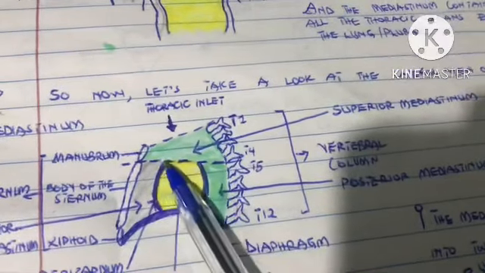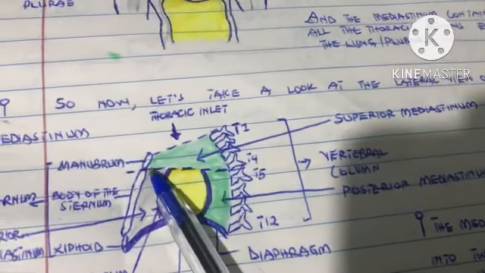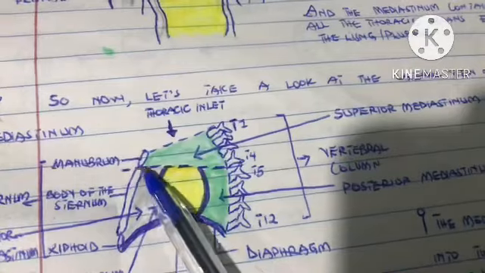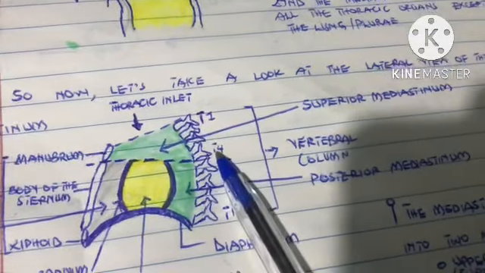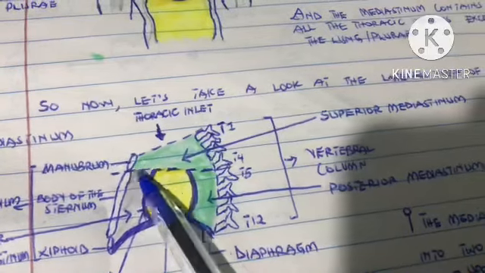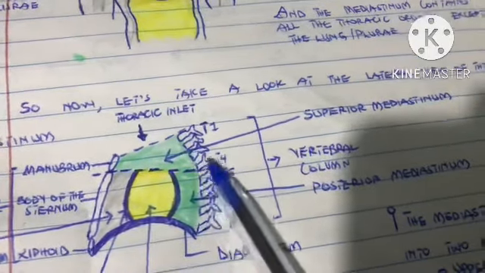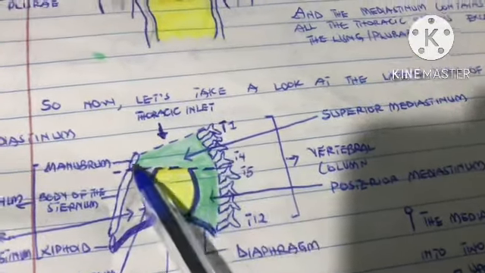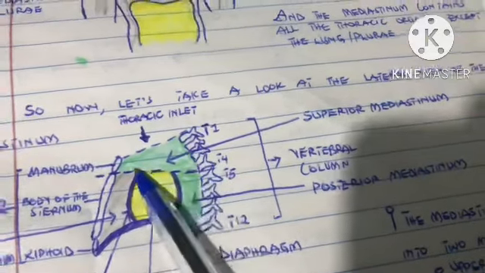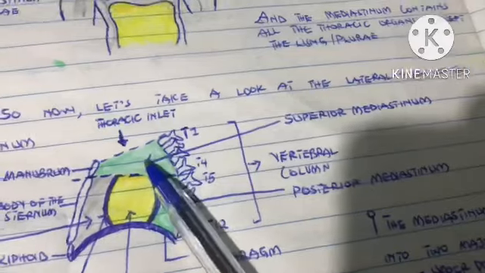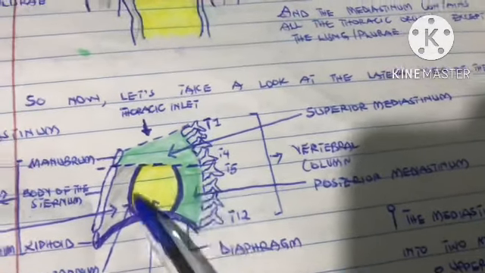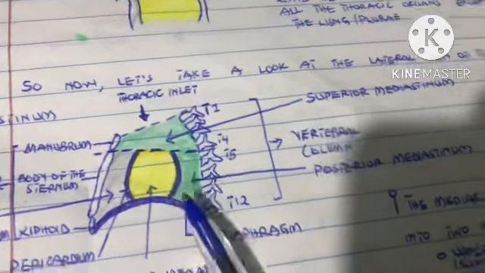This imaginary line extends backwards from what? The sternal angle to the lower part of thoracic vertebra 4. So this is the imaginary line, and this imaginary line divides the mediastinum into what? The superior mediastinum and the inferior mediastinum.